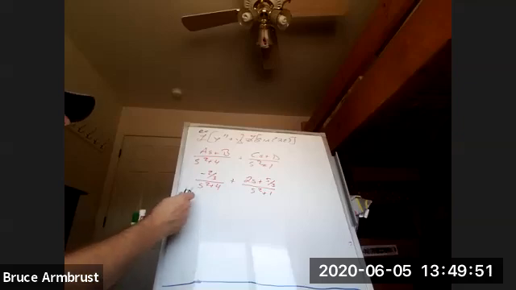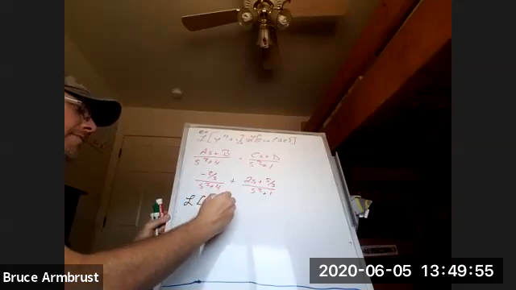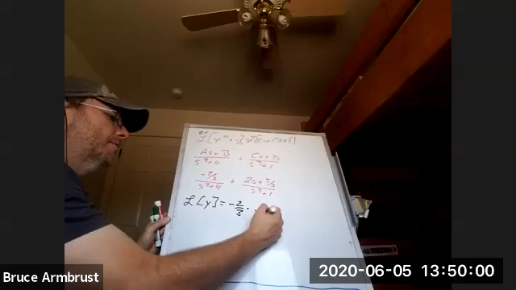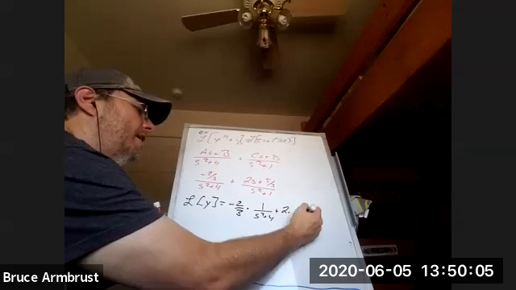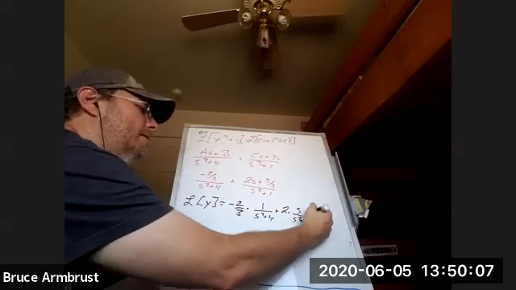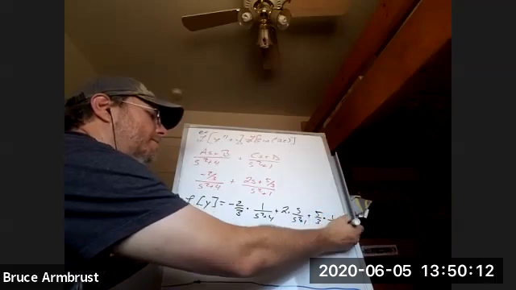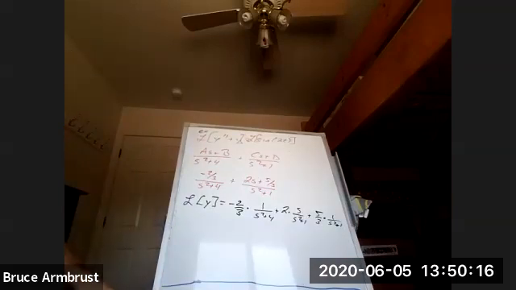And so where we end up after doing that, Laplace transform of y is going to be minus 2/3 times 1 over s squared plus 4 plus 2 times s over s squared plus 1 plus 5/3 times 1 over s squared plus 1. And now all of those are in a form for us to try to figure out.